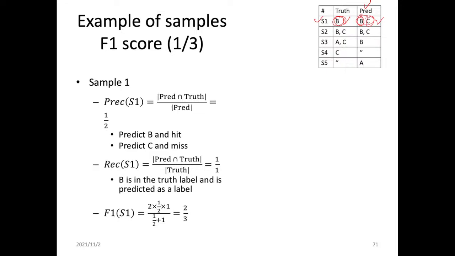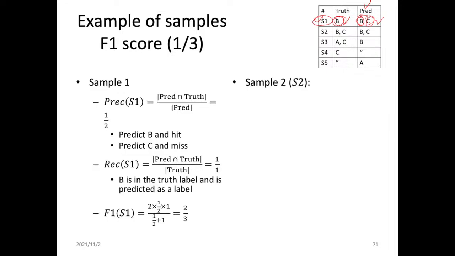So the F1 score is, again, the harmonic mean of precision and recall. After all the computations, we get the precision, recall, and F1 score for just the first instance. Next, we need to do the same thing for the second instance.